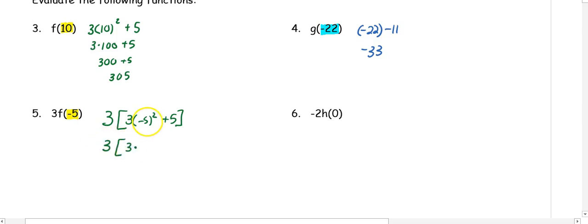So negative 5 squared is 25, plus 5. 3 times 25 is 75, plus 5 gets us 80. Now 80 came out of the parentheses, and we're going to multiply it by the number we had in front, which is called the coefficient. So 3 times 80 is 240.